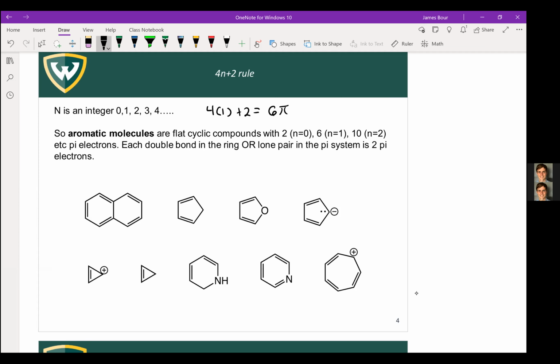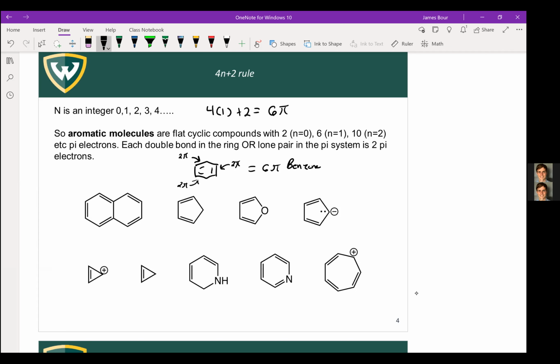So if we think about that for a molecule like benzene, each pi bond in benzene is 2 pi electrons. So 2 pi, 2 pi, 2 pi, and so this equals 6 pi electrons. Benzene is aromatic.